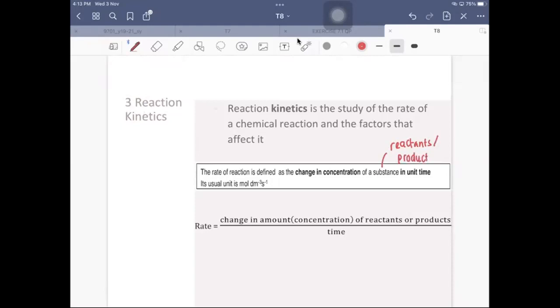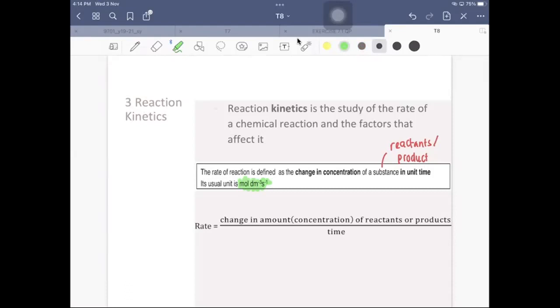Its usual unit is mole per dm cube per second. But again, follow the question. Sometimes they use minute, so you will use mole per dm cube per minute. But the SI unit for time is second. So it's best, if they don't mention it in the question, to always leave it in mole per dm cube per second. By definition, rate is equal to change in amount, whether you're talking about concentration or mole, of reactants or products over time.